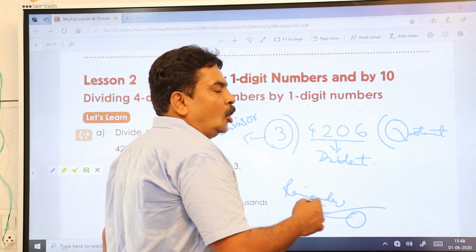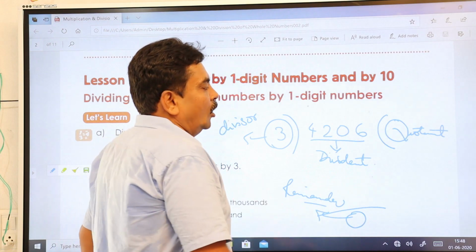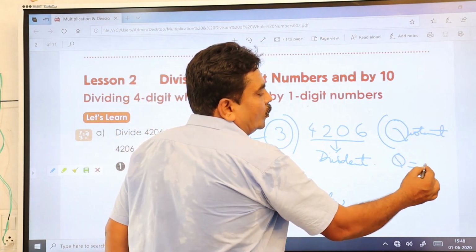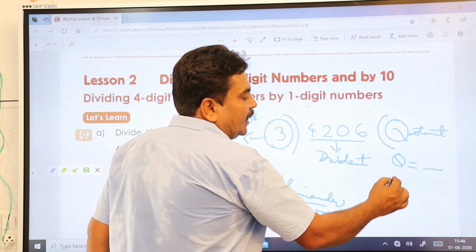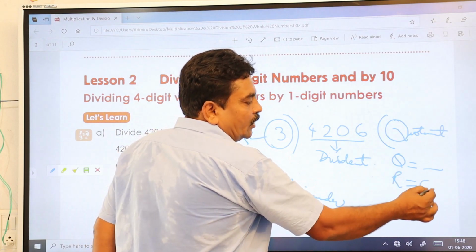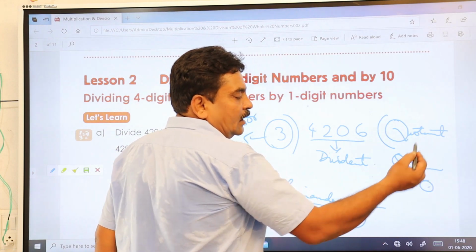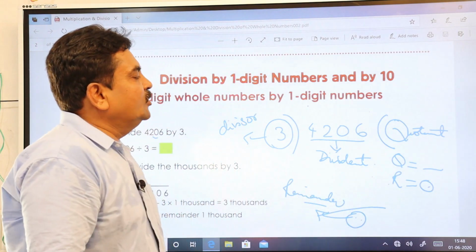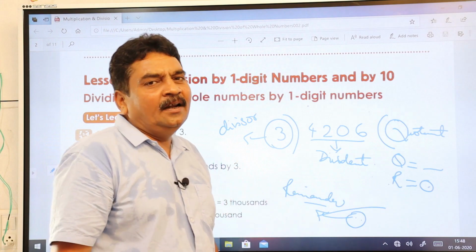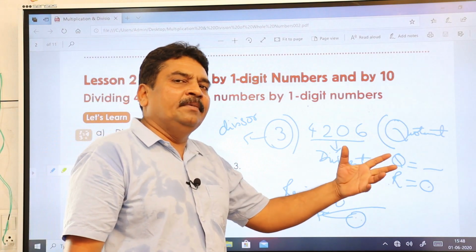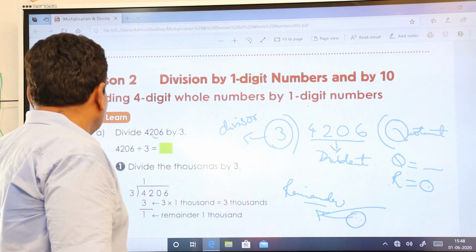So the short form we write is Q is equal to something, and R. If remainder you get 0, you write down 0. If remainder you get 1 or 2, whatever number, you write down that number here. So this is a short form of writing Q and R. Q means quotient, R means remainder.